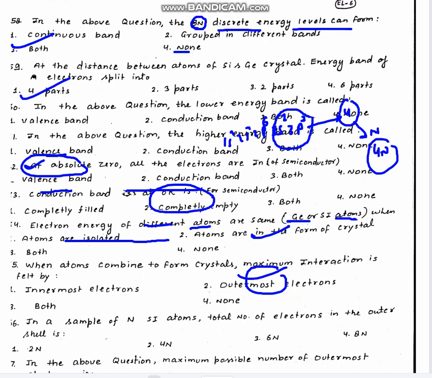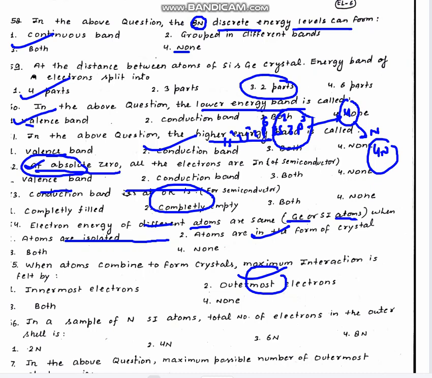Next is: at a certain distance between atoms of a silicon or germanium crystal, the energy band of electrons is split into two parts, so the third is correct. In the above question, the lower energy band is called the valence band, whereas the highest energy band is called the conduction band.